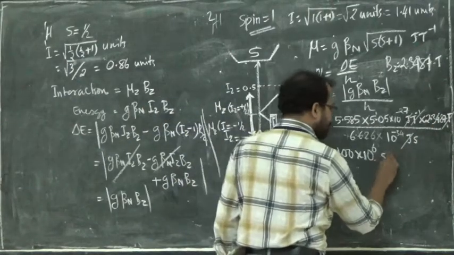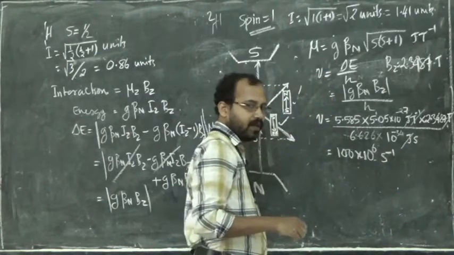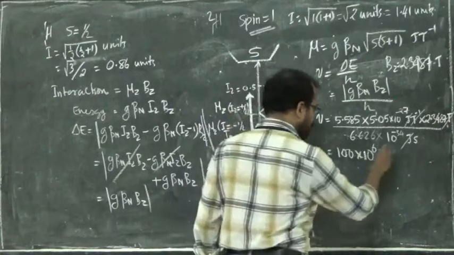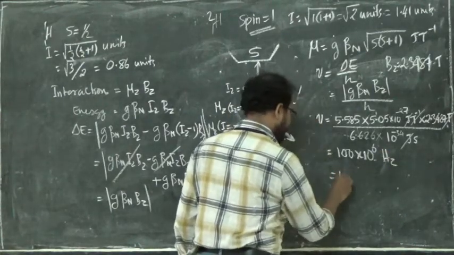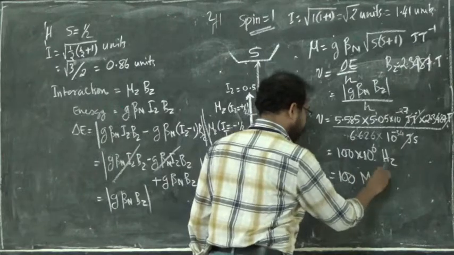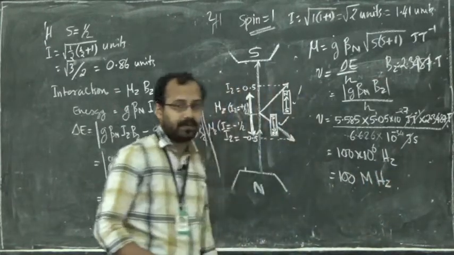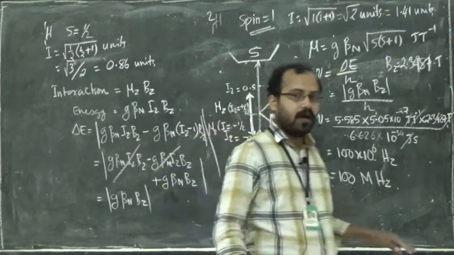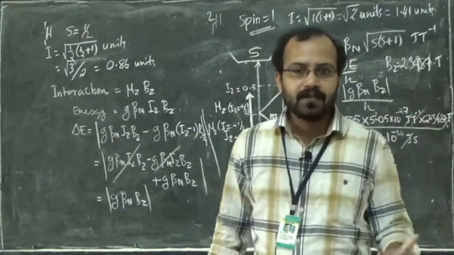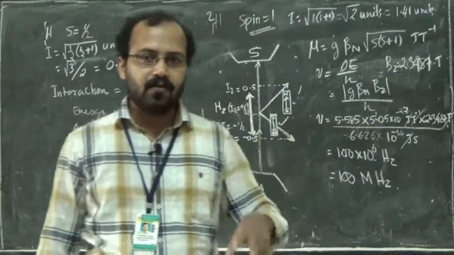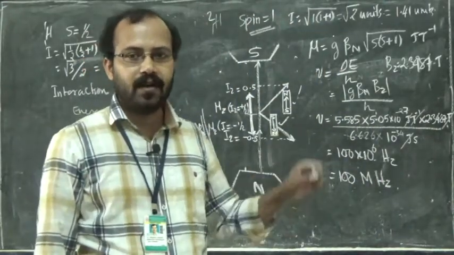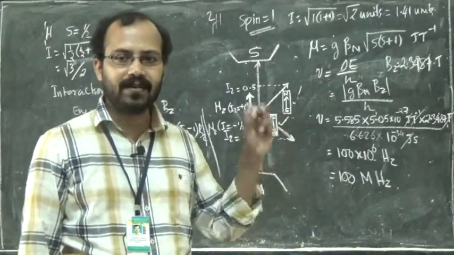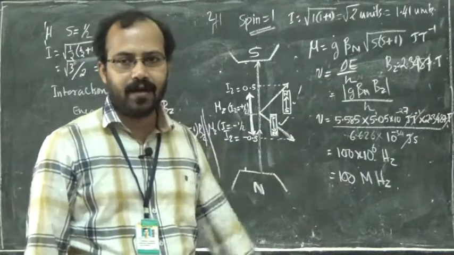Therefore the unit is second inverse, or hertz. So 100 into 10 raised to 6 hertz, or 100 megahertz, because 10 raised to 6 hertz is 1 megahertz. So the frequency corresponding to the energy difference between the alpha and beta spin states for the hydrogen nucleus, when applying an external field of 2.3487 Tesla, is 100 megahertz.